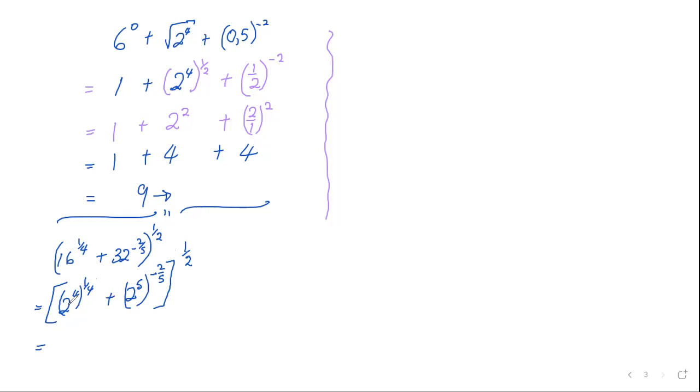The 4 will cancel that 4, remain with the 2 there. The 5 will likewise drop with the 5 there. Or remain with 2, negative 2, 1/2. This is 2 plus 1/4.